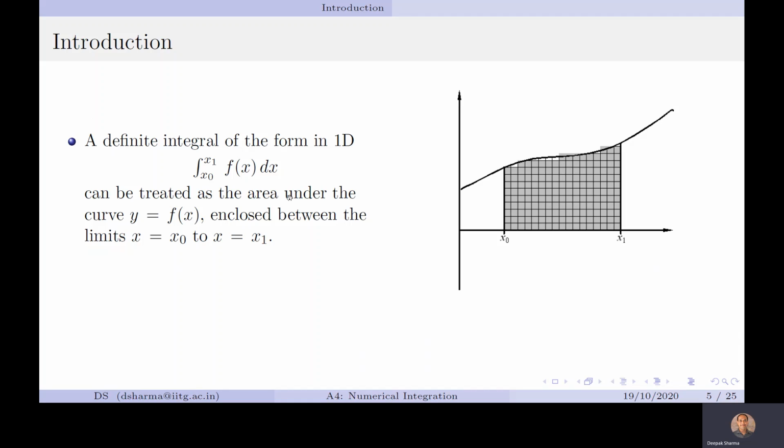So what do we understand by numerical integration? Look at the figure on the right hand side. Suppose we want to integrate a function as given from x0 to x1. The integration says that the area under the curve from x0 to x1 is the integral of this function.